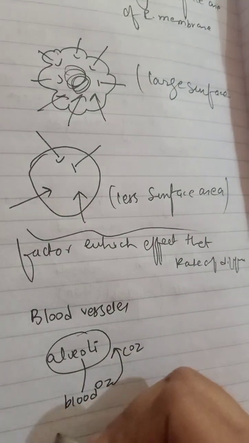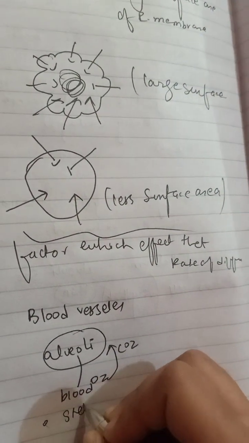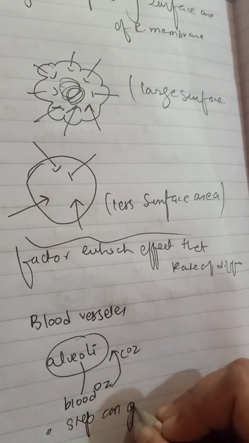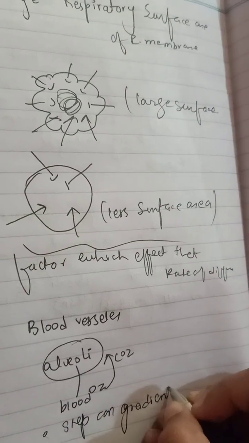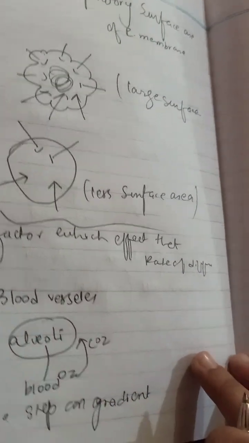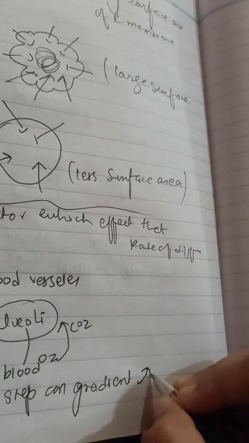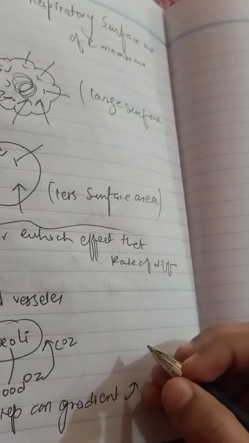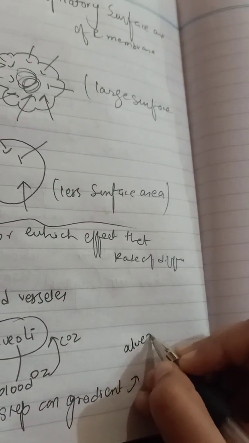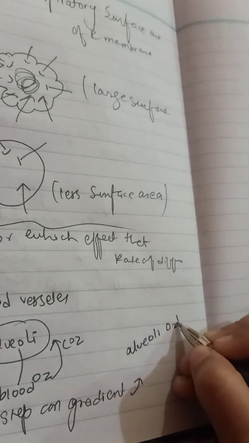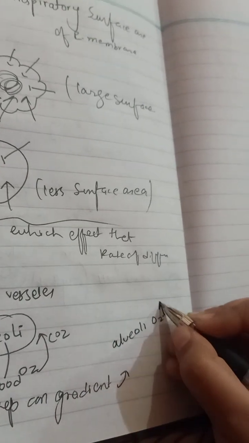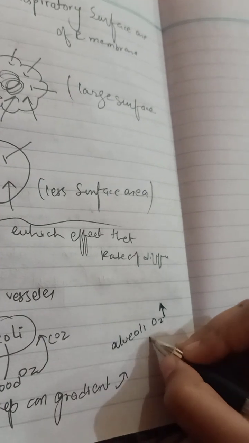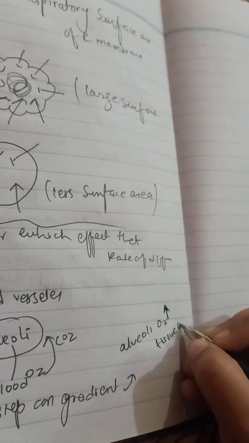Okay, next is the steep concentration gradient. As you guys all know, a gradient is always between two things. There should be a high concentration for the diffusion or ventilation. Like if in the alveoli the oxygen level is more, just because we have inhaled it, and in the tissue the oxygen level is less.